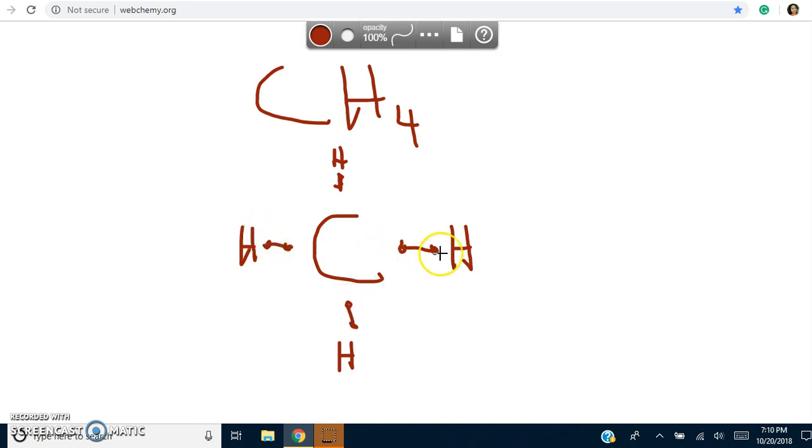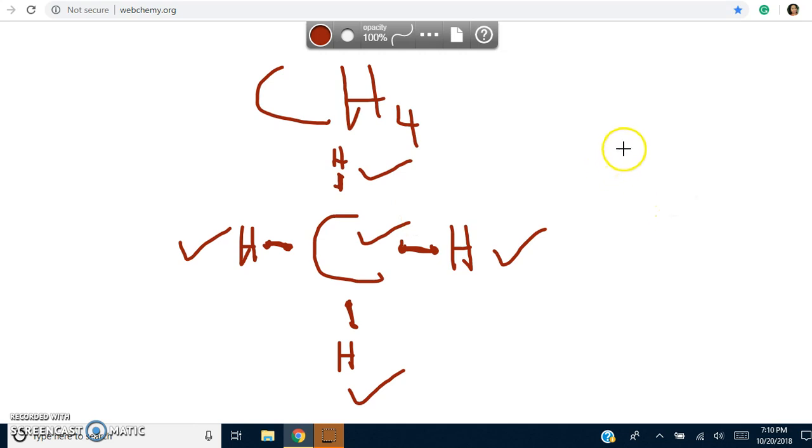Now hydrogen has 1, 2. Hydrogen is happy. This hydrogen has 1, 2, so it's happy. Again, this hydrogen is happy. This hydrogen here has 1, 2 electrons. Now carbon needs 8 electrons to be stable. Since these are shared, we have 2, 4, 6, 8. So carbon is also happy.